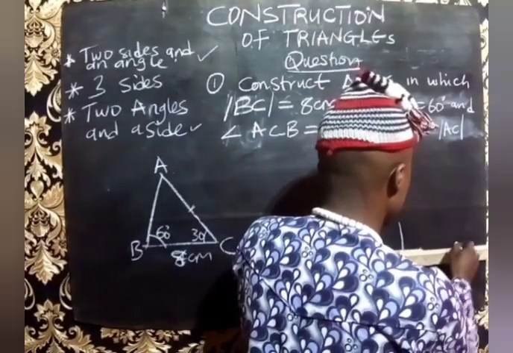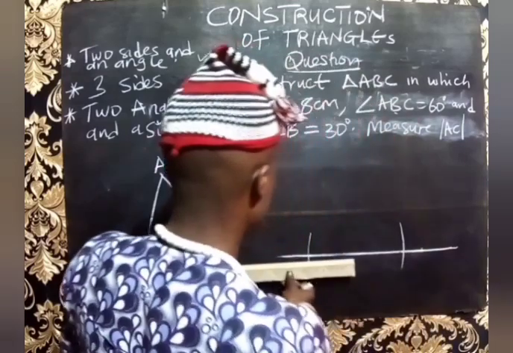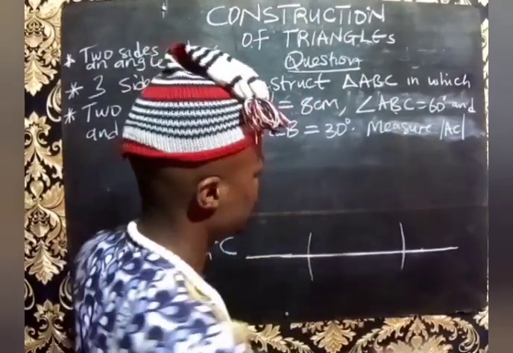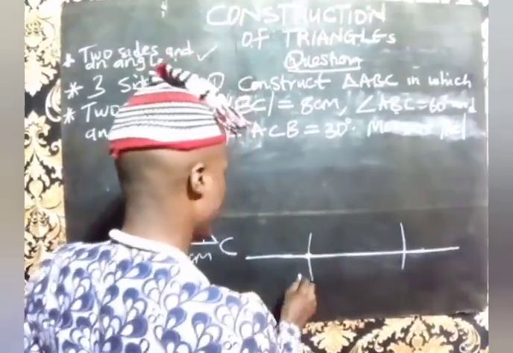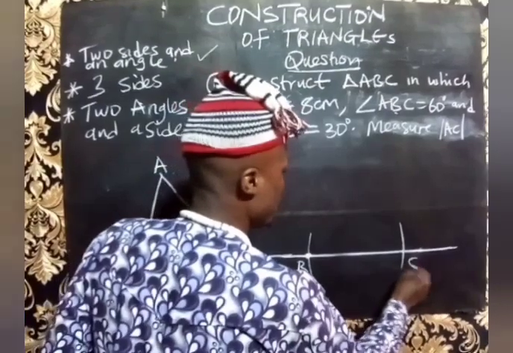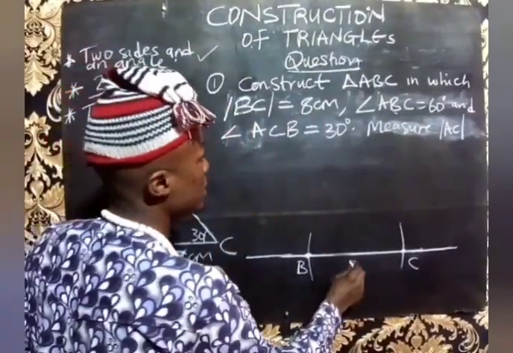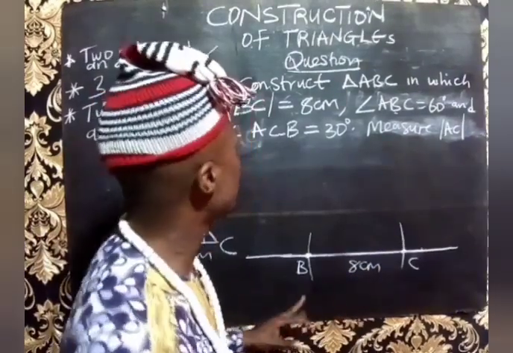This should make it possible for you to construct the angle that should be lying at that point. I can even extend this one too. Make sure it is straight. Now remember, these 2 points are our point B and point C from our rough work, and the length is 8 cm.